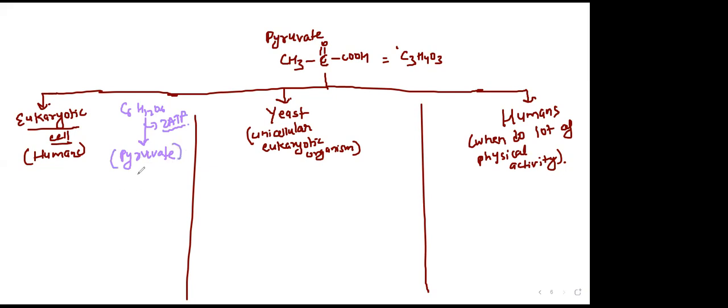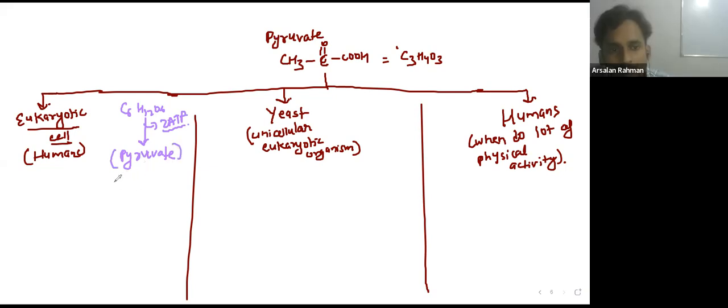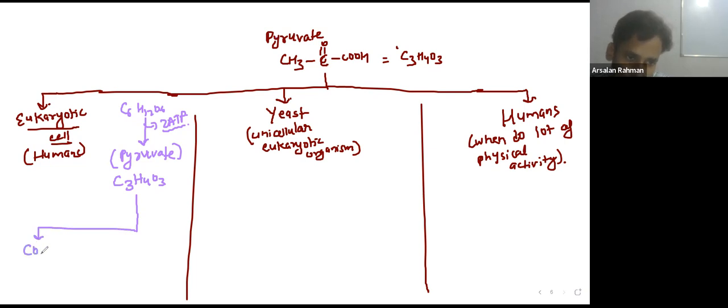What will happen to pyruvate? What is the formula of pyruvate? C3H4O3. This pyruvate will break down into carbon dioxide and water.